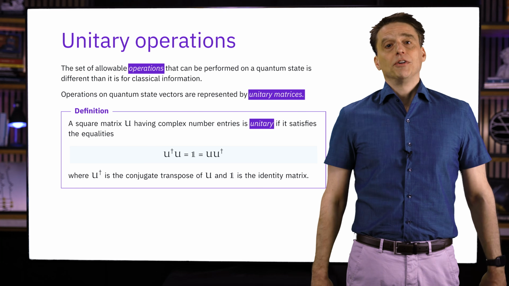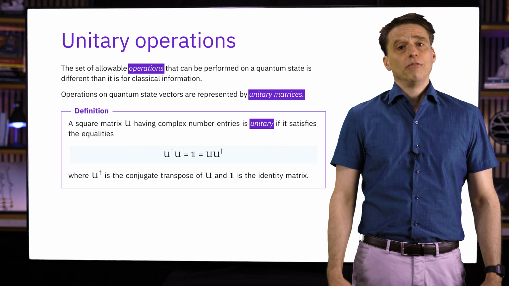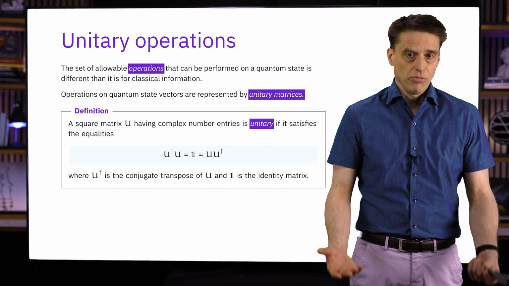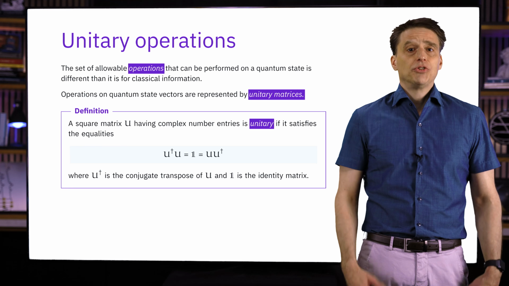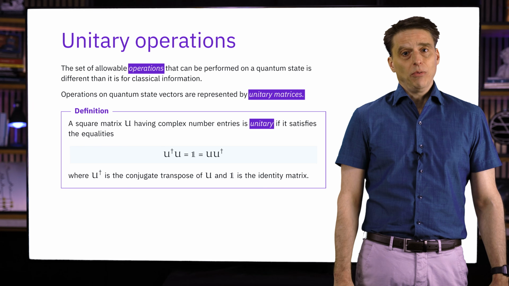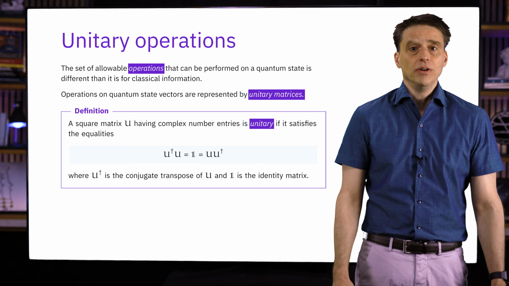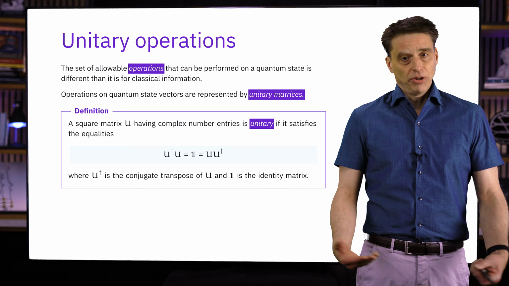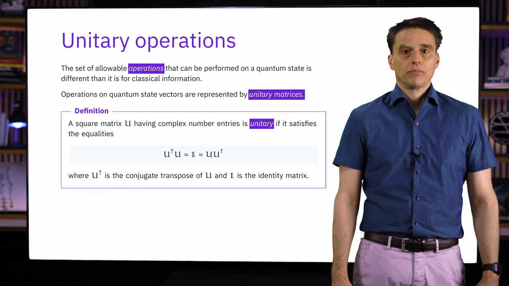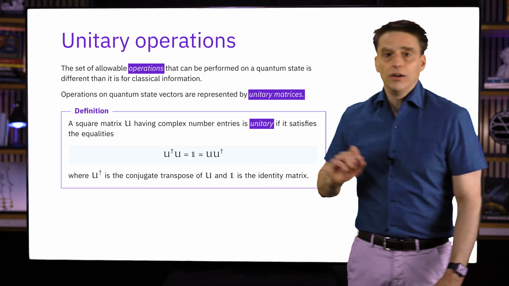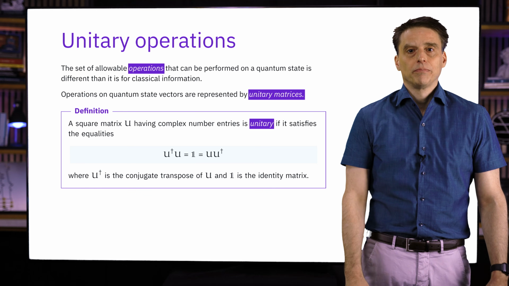Here we're performing the conjugate transpose on a matrix rather than a vector, but it's essentially the same thing. We transpose the matrix, which just means that we swap rows and columns, so the JK entry becomes the KJ entry, and also we take the complex conjugate of each entry.